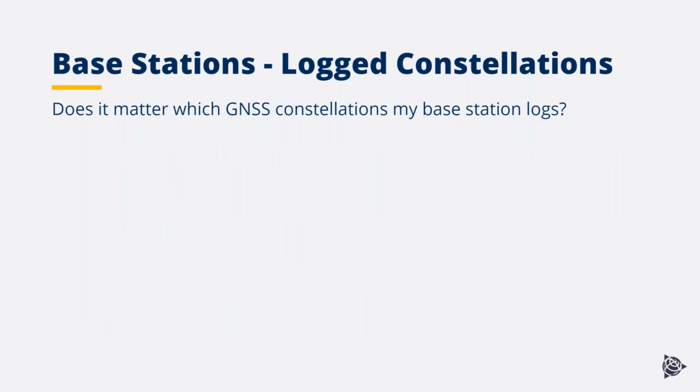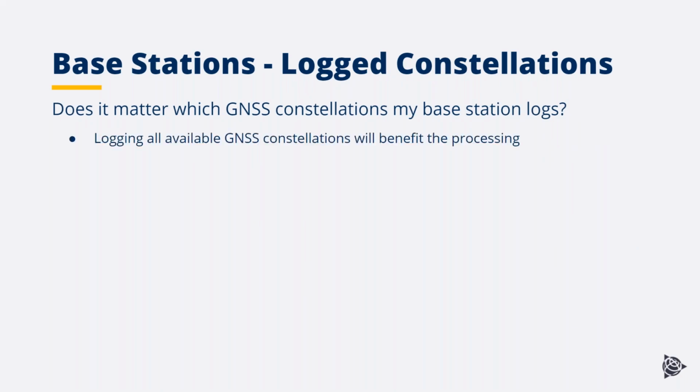Next thing, does it matter which GNSS satellite constellations my base station logs? Yes, it does. Logging all available GNSS constellations will benefit the processing. So we will have more and more satellites available in the sky. Now we have GPS, GLONASS, Galileo, Beidou.